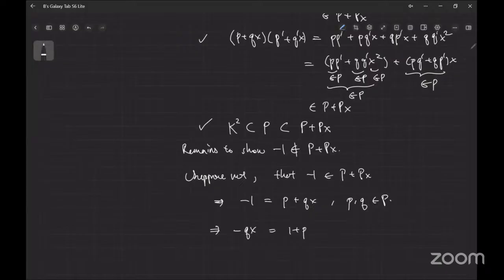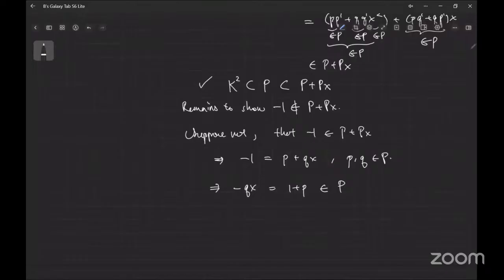And 1 is in P, so this is in P. So negative QX is in P. And since Q is in P and P is closed under product, this implies that negative Q squared X is in P. And since, well, can Q be 0?